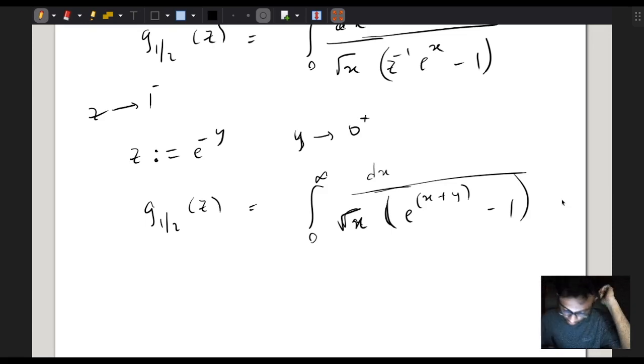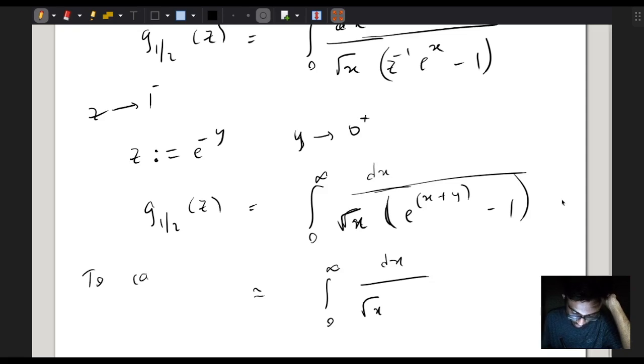So to capture the divergence, we can use the fact that the divergence is coming from the integral near x equal to 0.